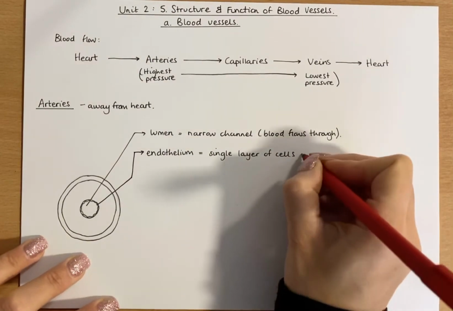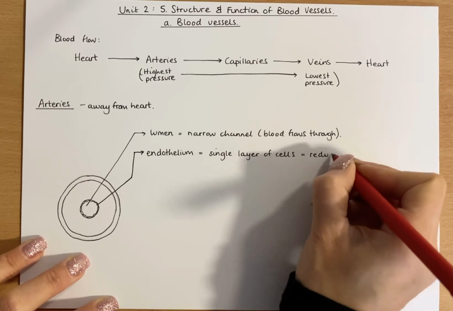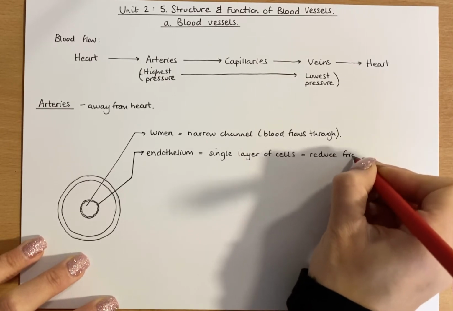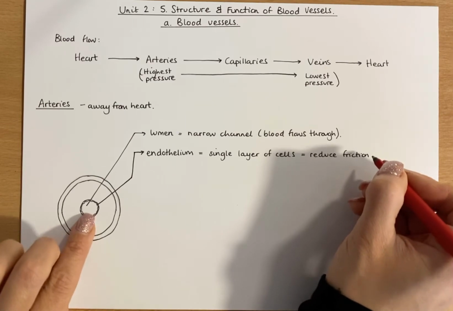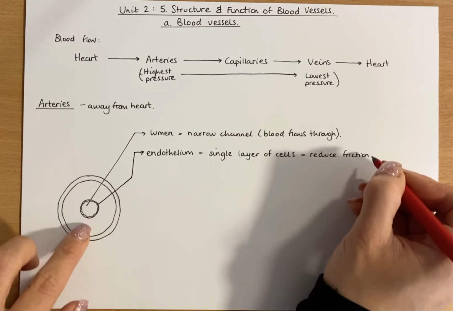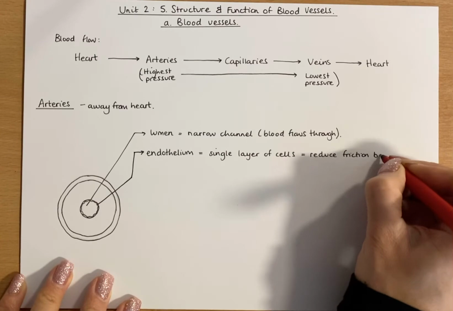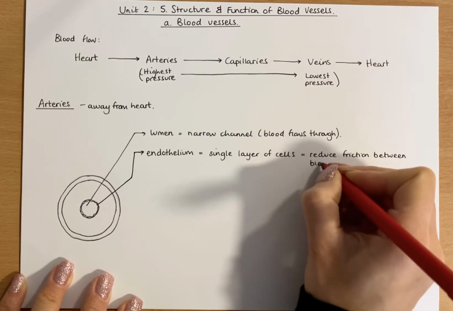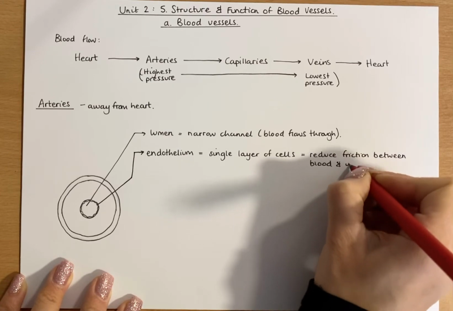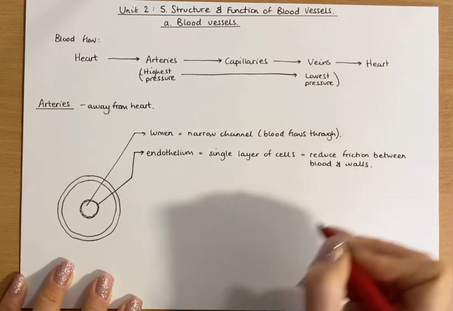And those single layer cells will reduce friction. And that friction can occur between the blood that flows through that vessel in that lumen and then the wall of the artery. So it reduces friction between the blood and the walls. And when it does that, that allows the blood to flow more smoothly.